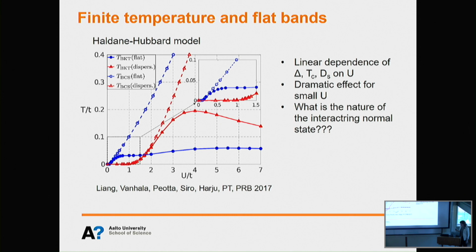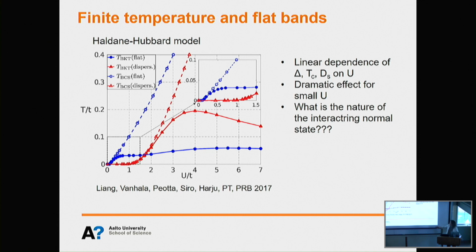And then what about experiments? What happens at high temperatures or finite temperatures? What are the things that you should look at? Well, basically, it's this linear scaling in U that is the essential thing. And the most dramatic effects are for small values of U, maybe around one hopping or something.